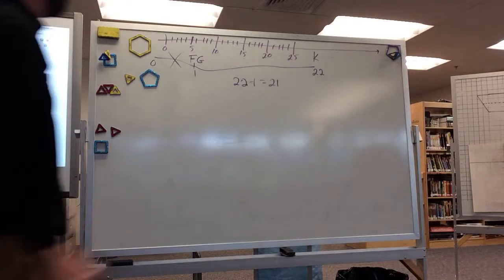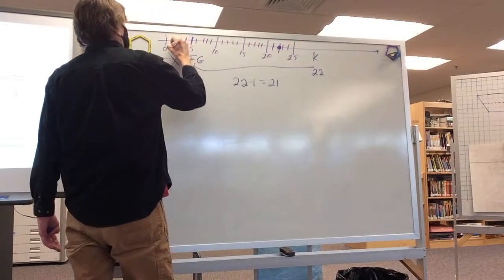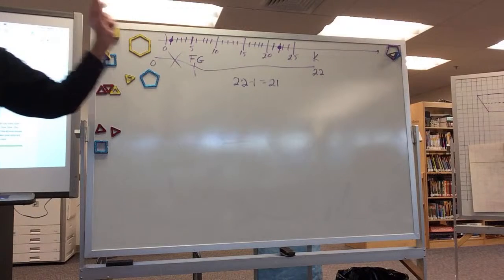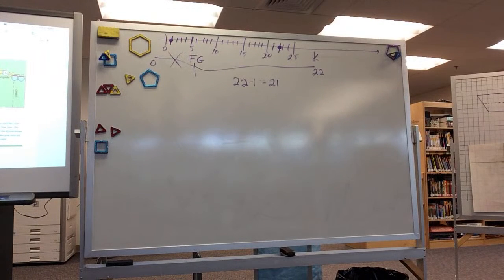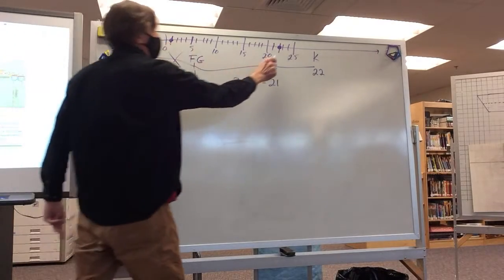Okay, so Klukwan's at 22. There it is. Fish and Game is at 1. Each interval is how long? 1 mile. How many intervals are there between Fish and Game and Klukwan?